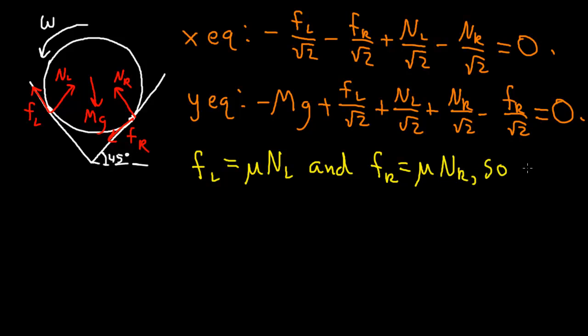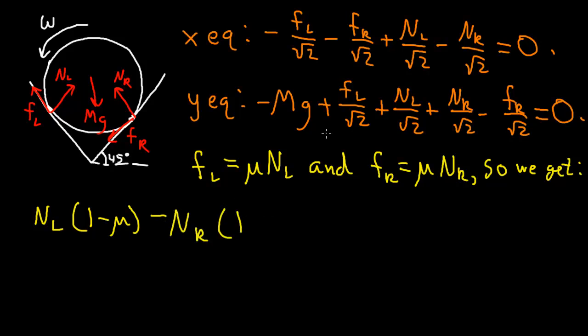So we get, in the top equation, I'll just multiply through by square root of 2 to get rid of all of those. So what do we have here? This will be a mu times N sub L, so that means N sub L times 1 minus mu, 1 minus mu. And then here we have minus N sub R times 1.